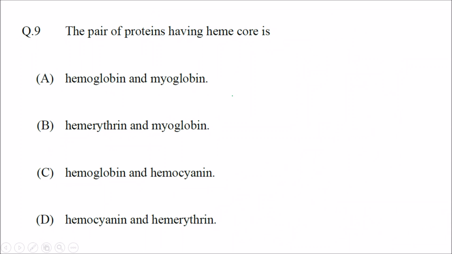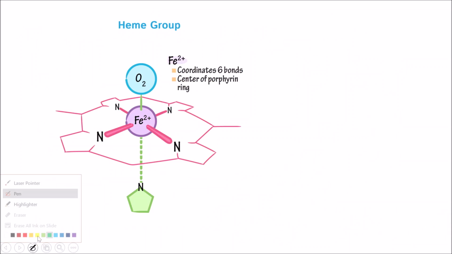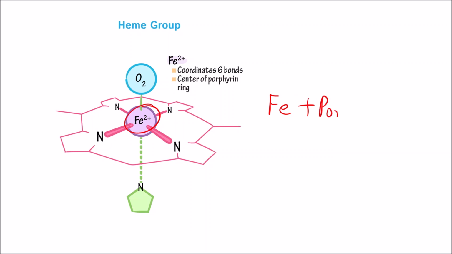Question 9. The pair of proteins having heme core is. So let us see what is heme core. Heme core or heme complex is iron plus porphyrin ring. What is porphyrin ring? There are 4 pyrrole rings like this.